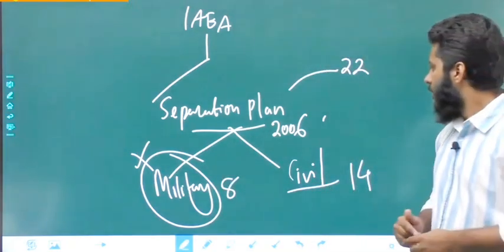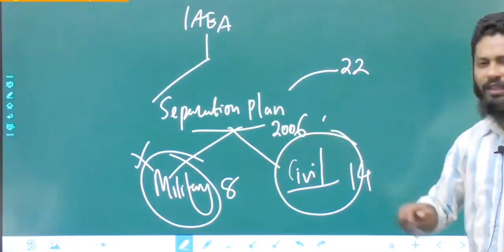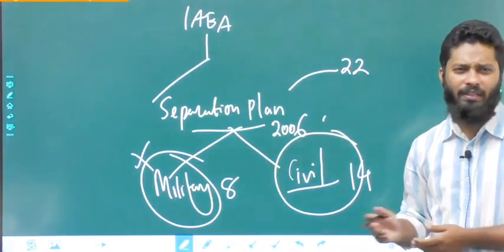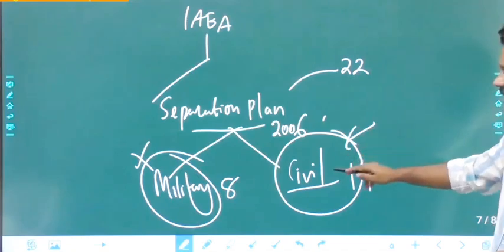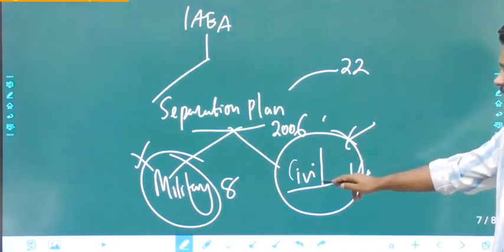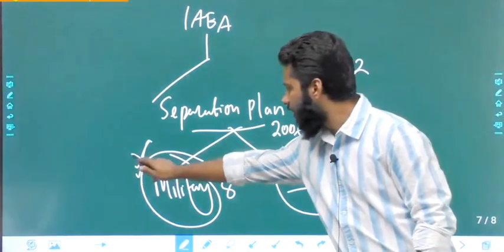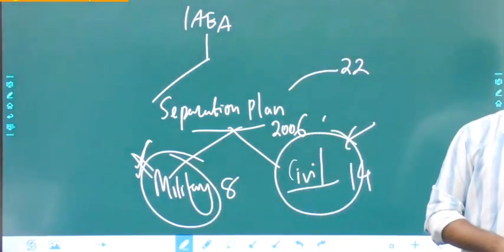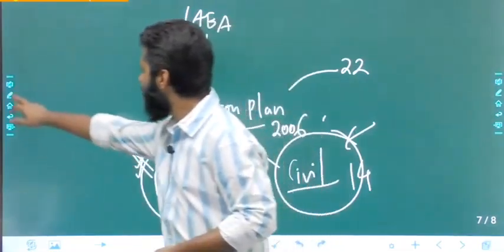Okay. So this is the separation plan. And what is the safeguard agreement? That the IAEA will conduct any investigation it wants in civil reactors or civil sites, but it cannot go for military reactors, right? So this was the safeguard agreement.